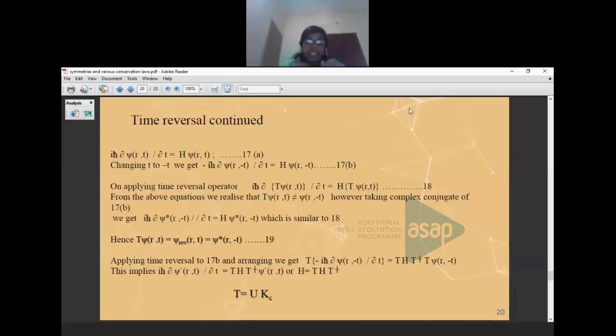But this operator is not unitary, it is an anti-unitary operator. Therefore T is actually not just a U, but also there is a conjugating factor.